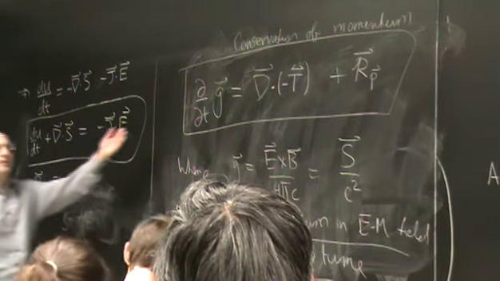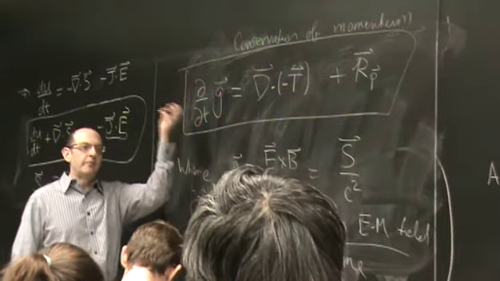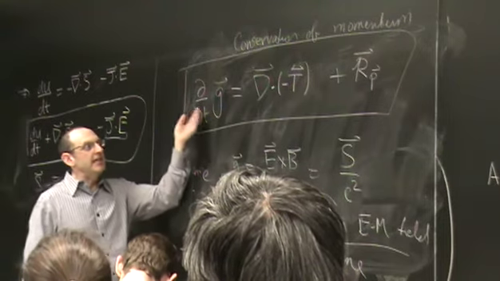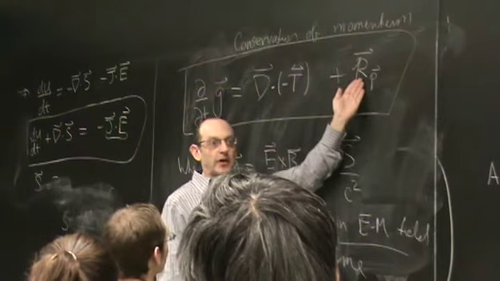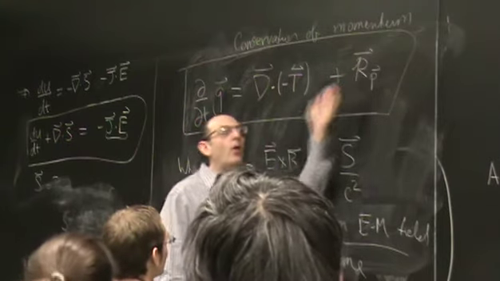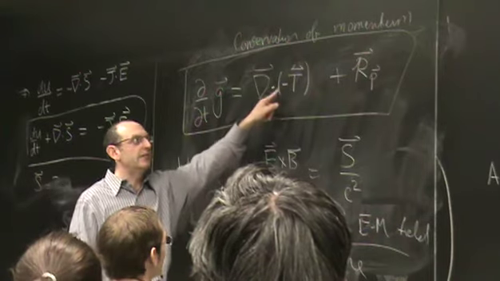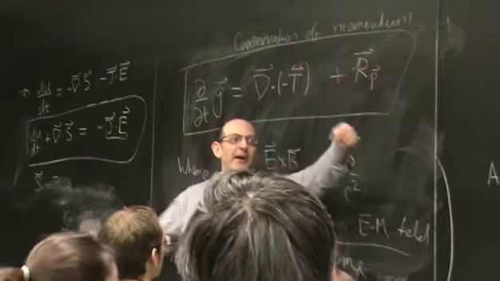So what does this equation say? It says that the local density of momentum in the field changes. It can change if that momentum is imparted to or taken from the charges, or if momentum flows. And the direction of flow is related to minus T. I mean, that's what we saw before, right?